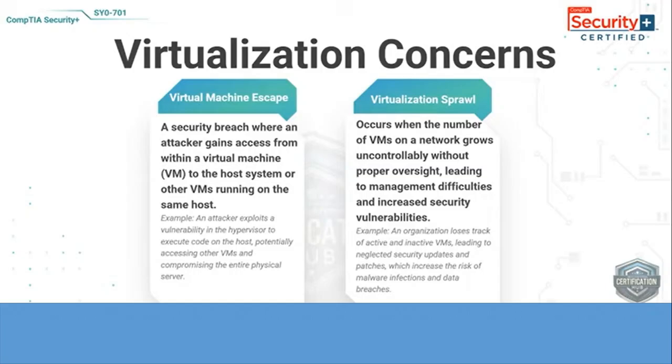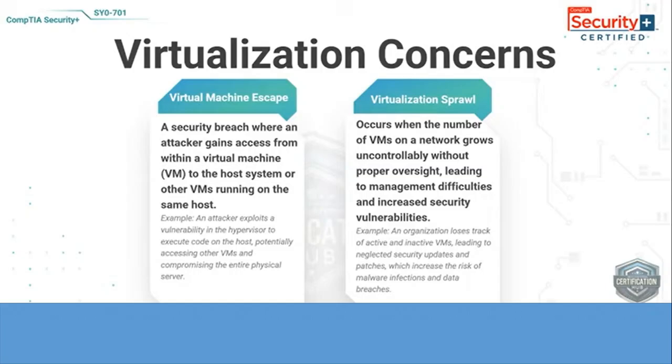Virtualization concept, you can see here we have two virtual machines. Virtual machine escape is a concern. What is virtual machine escape? It is a security breach where an attacker gains access from within a virtual machine to the host system or other VMs running on the same host. But sprawl, what is sprawl?